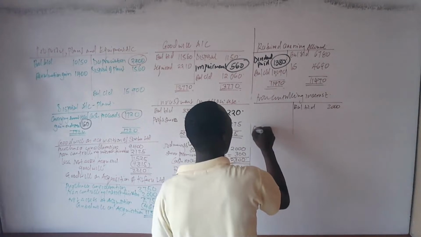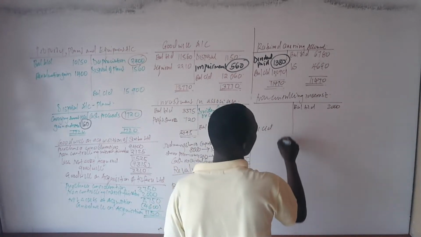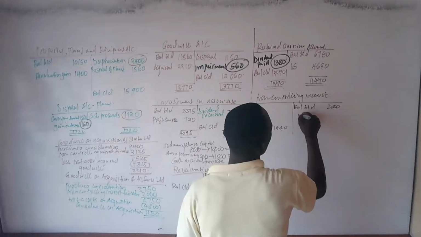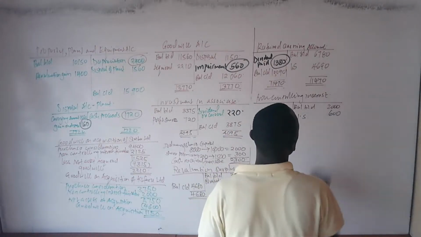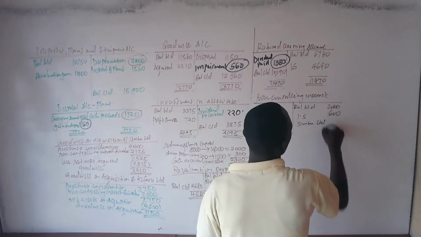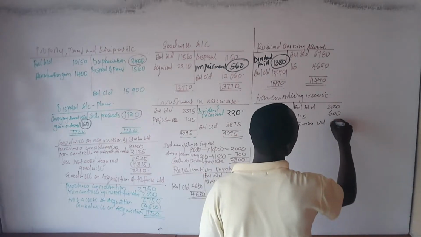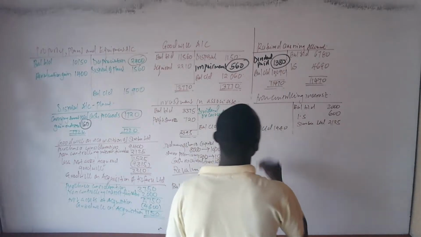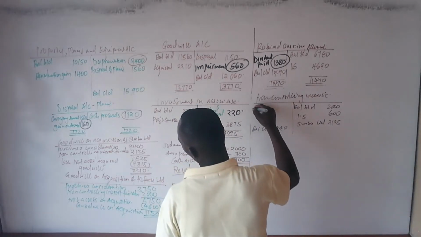Then we had the balance carried down, 1940. Then income statement, 600. Then Simba Limited of how much? 2125. Then from there we had disposed what?